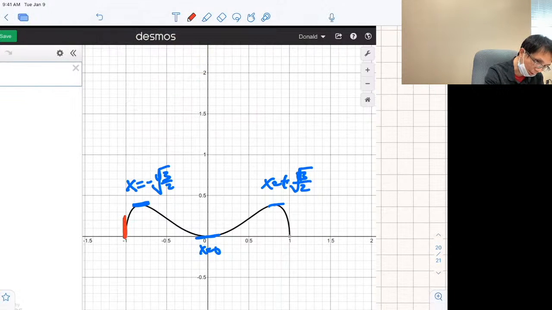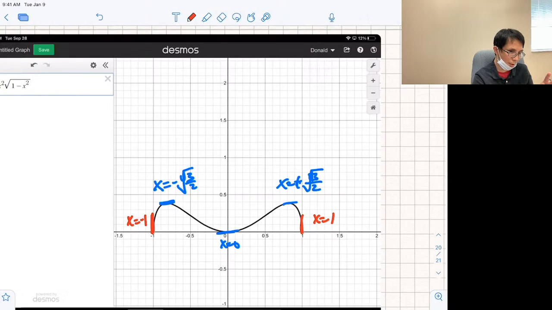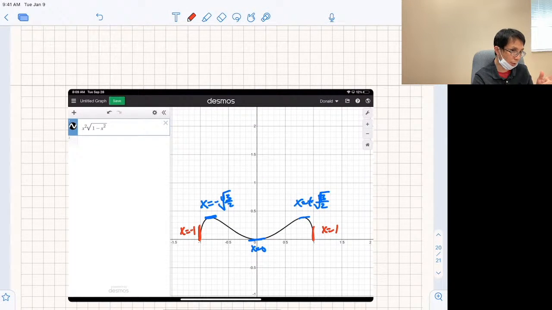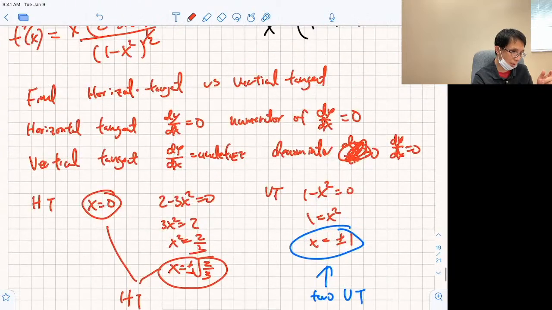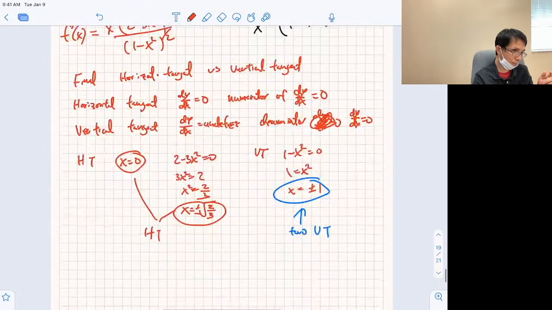It looks like right here. There's a vertical tangent, which is x equal to 1 and x equal to negative 1. So there were 3 horizontal tangents, as well as 2 vertical tangents, because the denominator was equal to 0, and this is what happened.